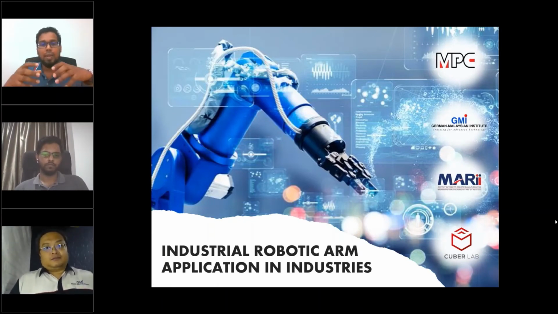By that time, you don't need to separate the robot application and the human. You can just put a human on one side and the robot on the opposite, and it will work alongside the human. So that's where the collaborative robot is applicable. According to the guideline, there are phases like level 1 until level 5, on how much integration there is with the robot. So we have to go through that to implement this.